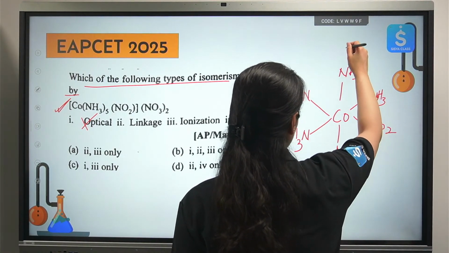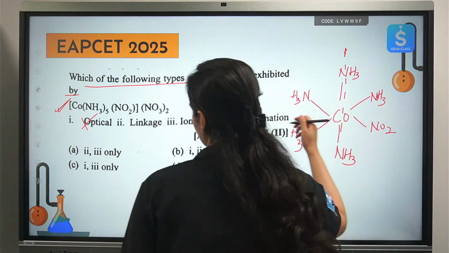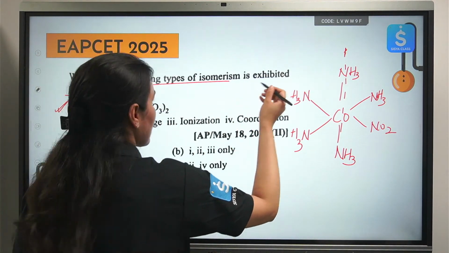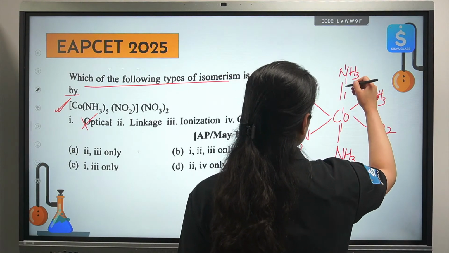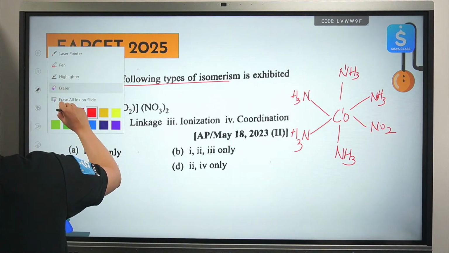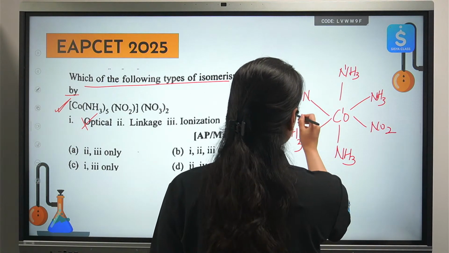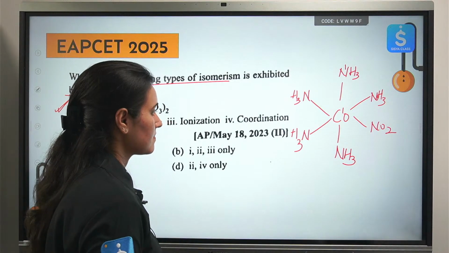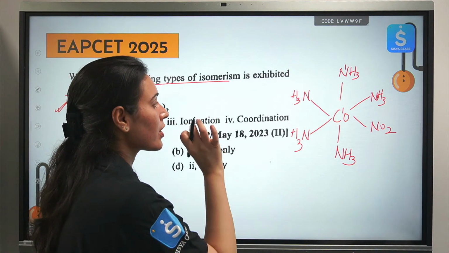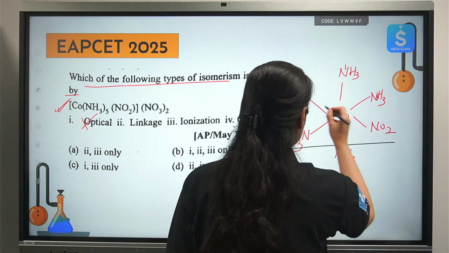Do we see this kind of plane of symmetry? Let me show it here with a different color. So, do we see this kind of plane of symmetry here, in which your molecule is bisected into 2 equal halves? Try to imagine this.